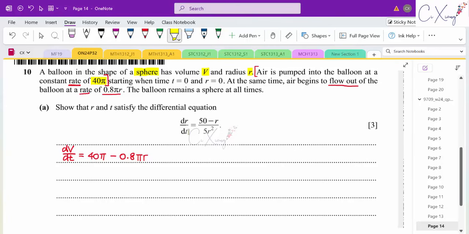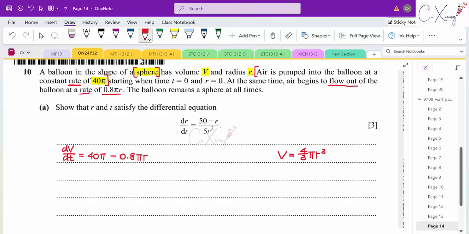So we should try a way to link them together. Right, so how should we link the V, which is the volume, and also the r, which is the radius, when we are having a sphere? Okay, so here we can try to consider the general formula for the volume of a sphere. So what should it be? It should be actually 4 over 3 pi r cubed.